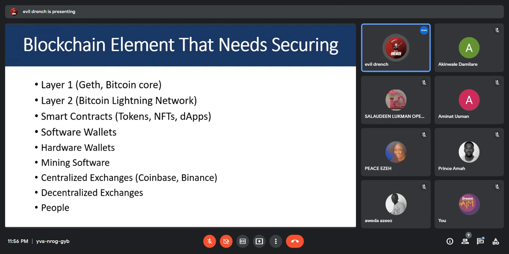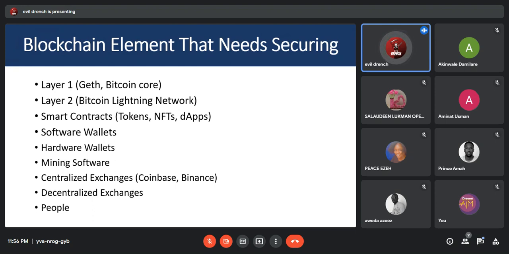Your MetaMask, your Binance, and the likes of them. We have the hardware wallet. Hardware wallets are physical devices for storing private keys, used to send and receive funds. So they are physical devices, right?